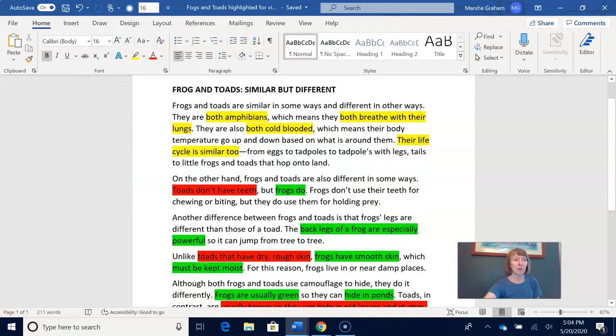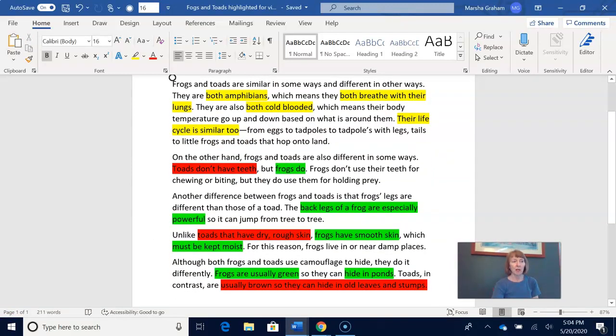Third, I will contrast toads with frogs by finding the information in the text about toads and place it in the other circle on the Venn diagram. First, I found that toads have no teeth.